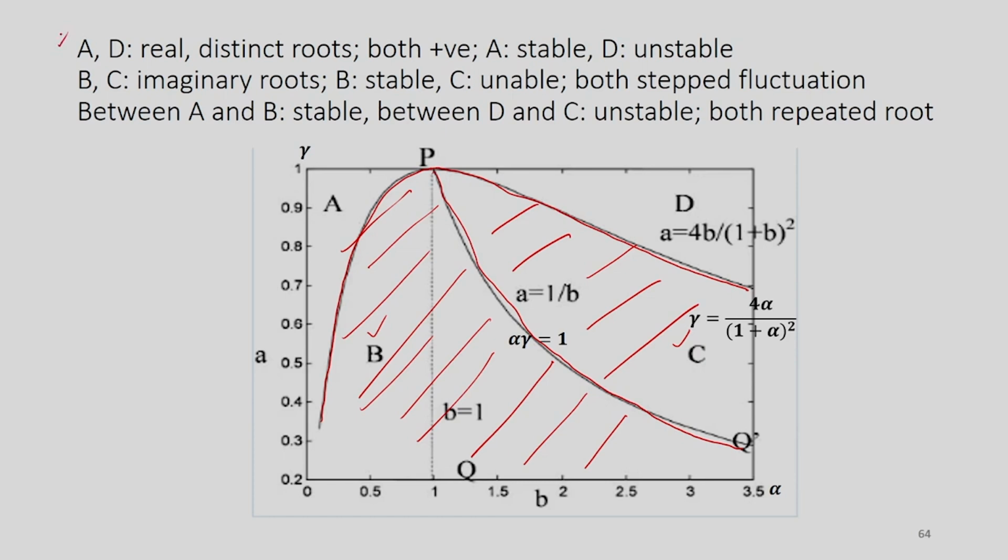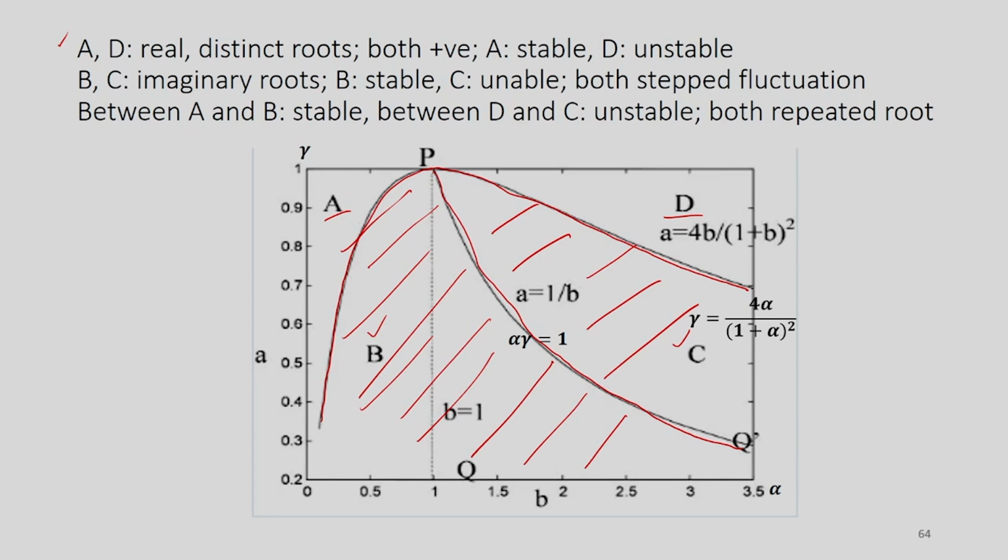In summary, A and D are the cases of real and distinct roots, both the roots are positive. What we can say here is that A is stable and D is unstable. Second case, B and C are imaginary roots that we have seen. B is stable, C is unstable, both with fluctuation. Both A and B are stable.